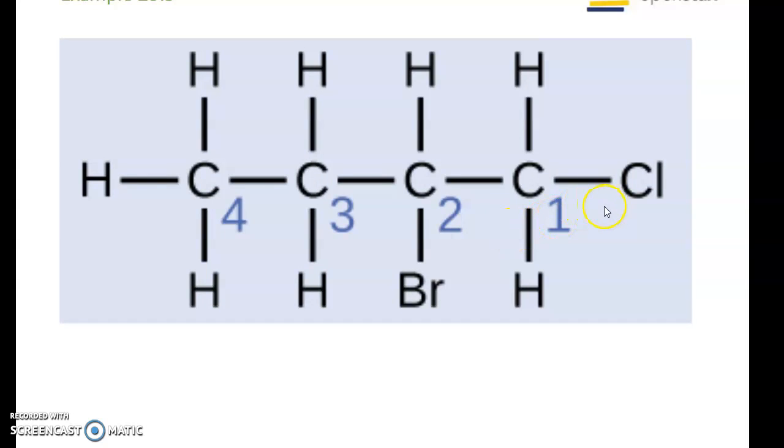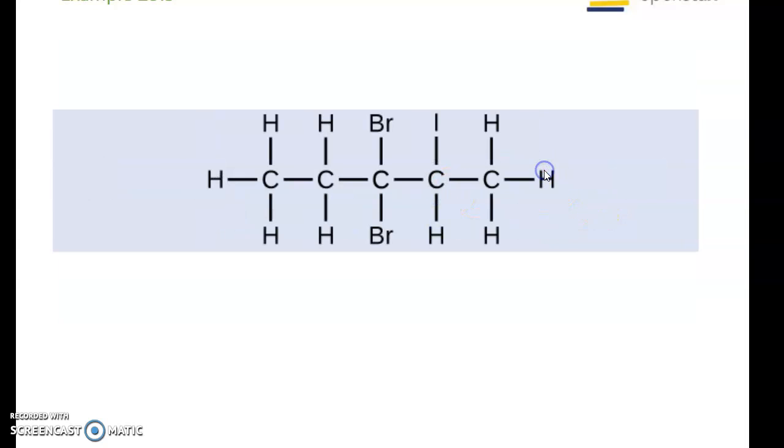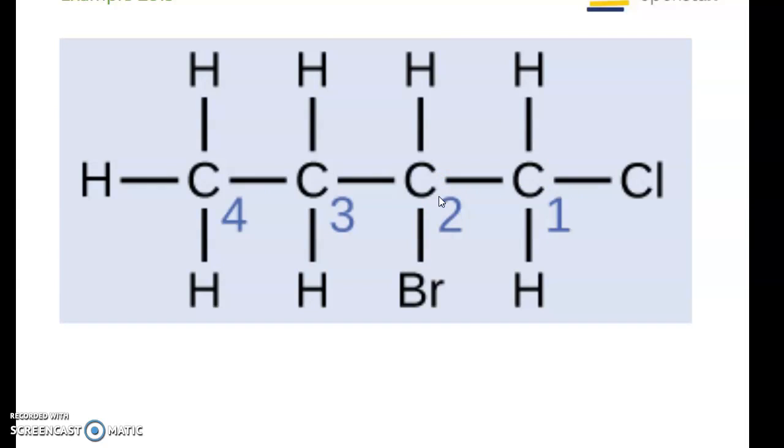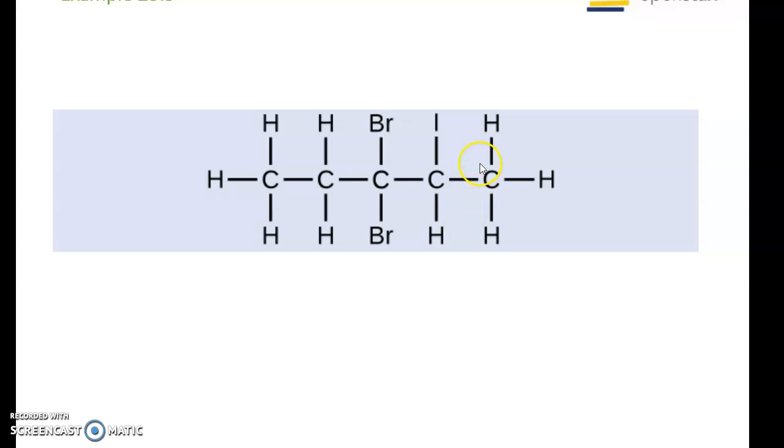So yes, 1-chloro, 2-bromo, and this right here has only got 4, so that is butane. So it's 1-chloro-2-bromobutane. This next one here, you've got an iodine right here, so you start counting on this one right here.